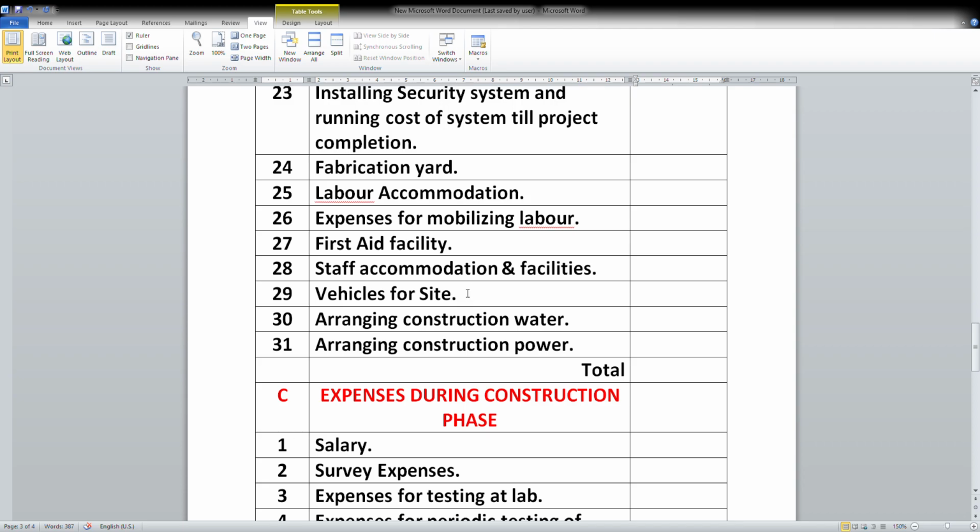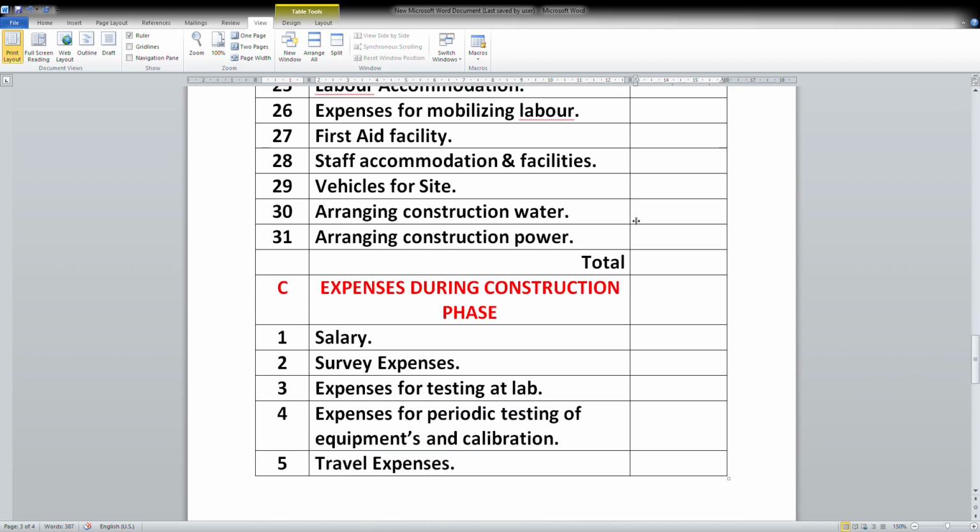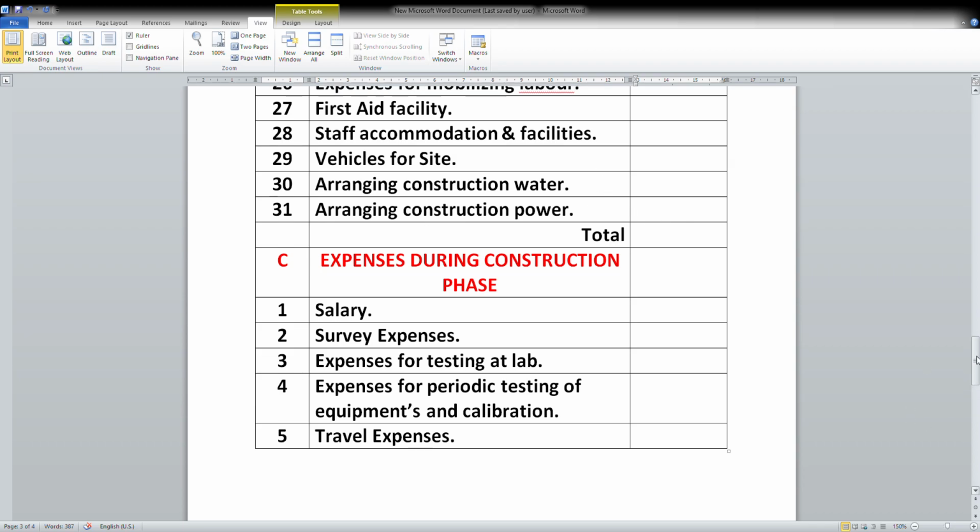Depending upon the site, the contractor has to provide vehicles, whether two-wheeler or four-wheeler, and those expenses can be taken here on a pro rata basis. Arranging construction water and construction power, if it is in the scope of the contractor, then that cost has to be considered here. It's all based upon the requirements. If it is applicable, the cost will be taken. If it is not applicable, then it is not considered.